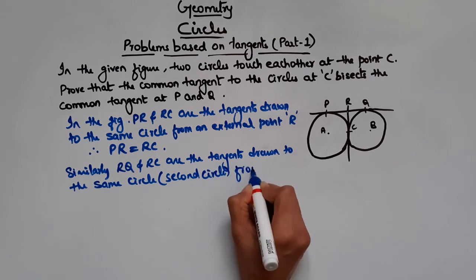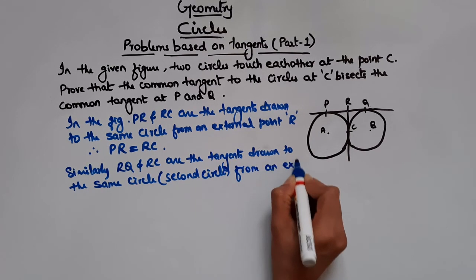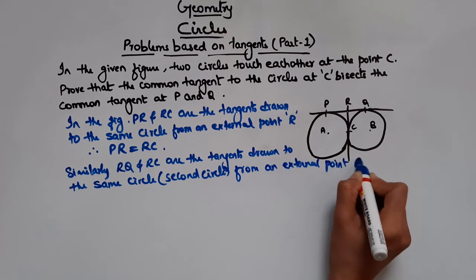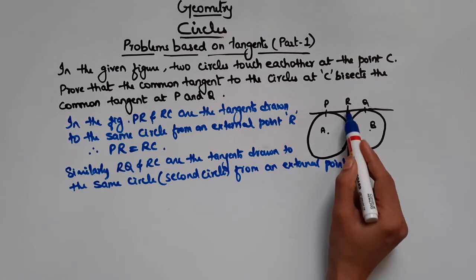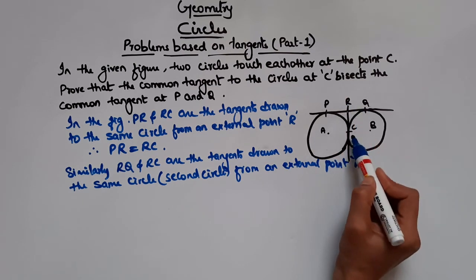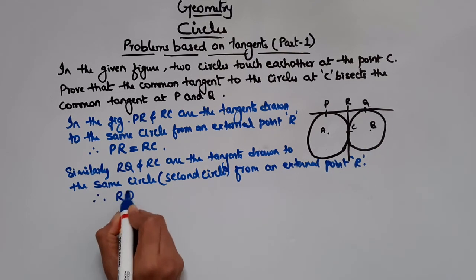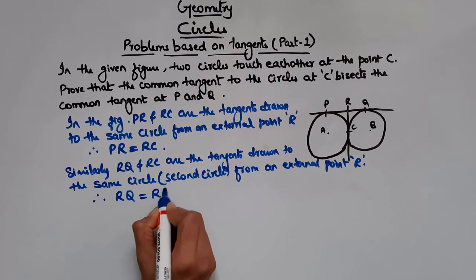From an external point R. So this point, tangents are RQ and RC to this circle, right? So therefore we can say RQ is equal to RC.